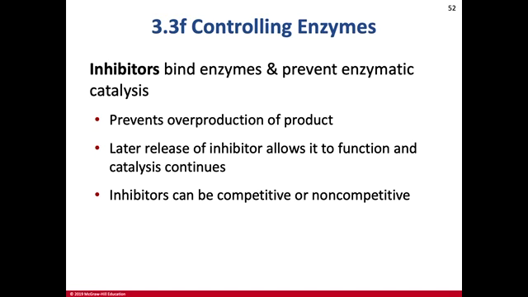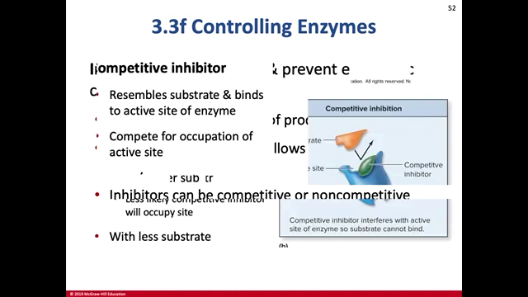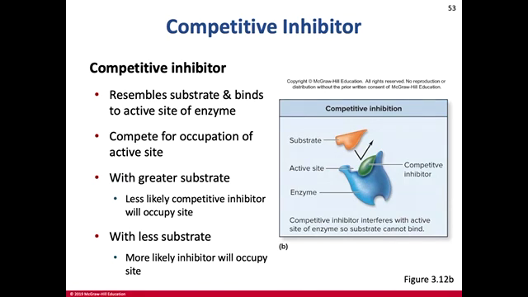And in the body, there are examples of both competitive and non-competitive inhibitors that can control the speed at which an enzyme works. Generally, the inhibitor is the end product of a metabolic pathway that, once it builds up to a particular concentration, will bind to the allosteric site if it's a non-competitive inhibitor, or bind to the active site if it's a competitive one, and that slows down the entire metabolic pathway.